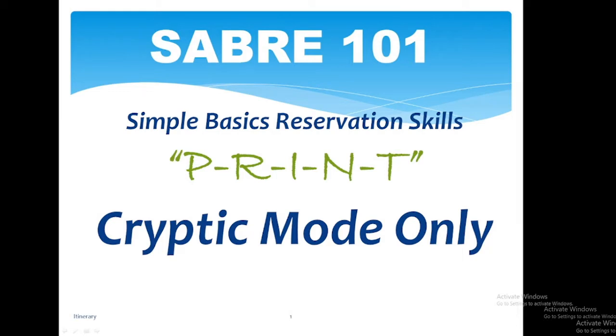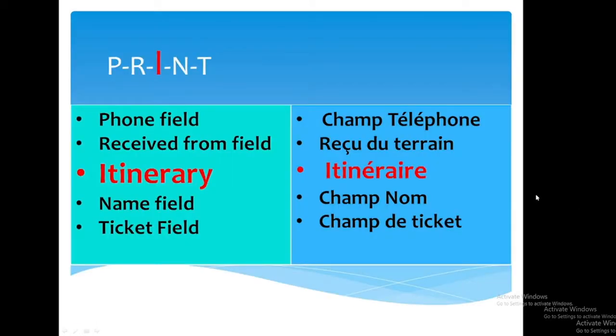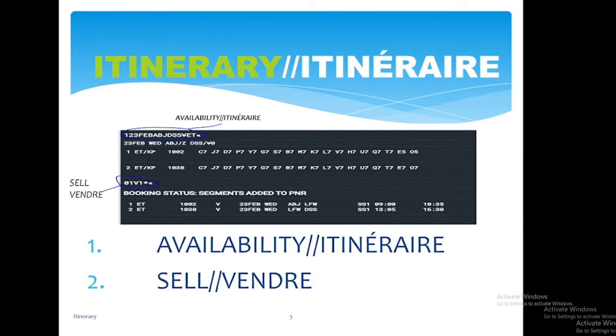So in this series, we'll be taking simple basic reservation skills. The five mandatory fields are P for the phone field, R for the received from field, I for the itinerary, N for the name, and T for the ticket field. But today we'll focus mainly on itinerary, and our itinerary involves you doing availability as step one, then you sell.